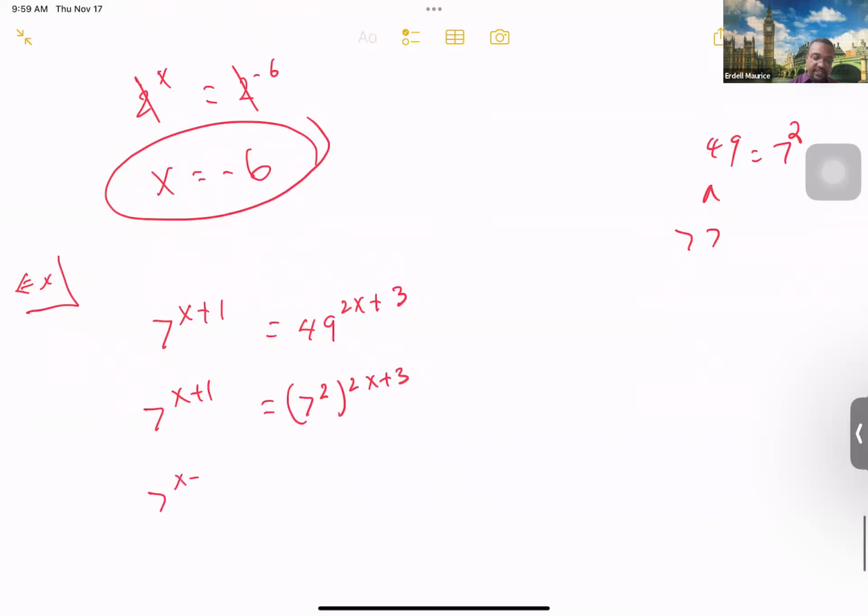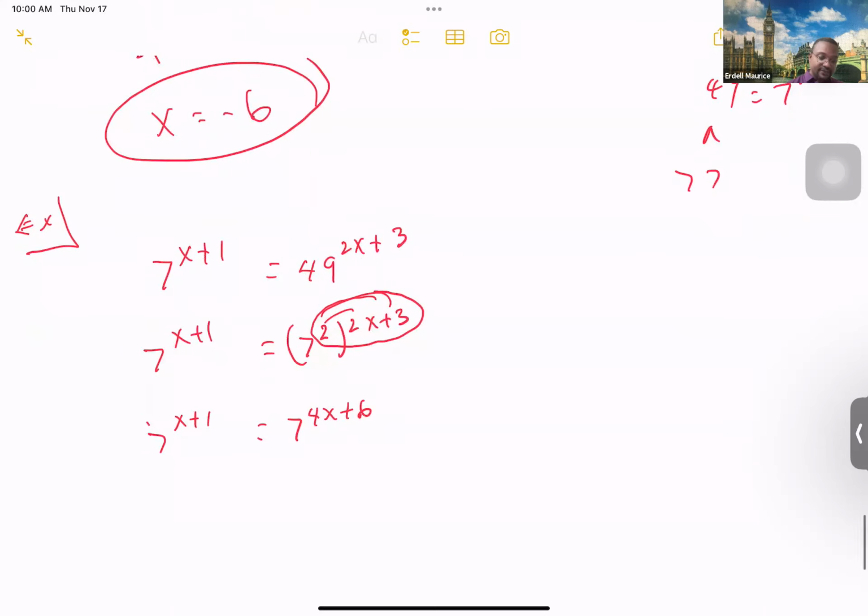And that's going to be 7 raised to the x plus 1. It's going to be 7 raised to 2 multiplied by 2x plus 3, which is 4x plus 6. Remember, when you have a power to a power, you multiply. And now I can cancel out the bases. So this will cancel, and that will leave me with x plus 1 is equal to 4x plus 6.